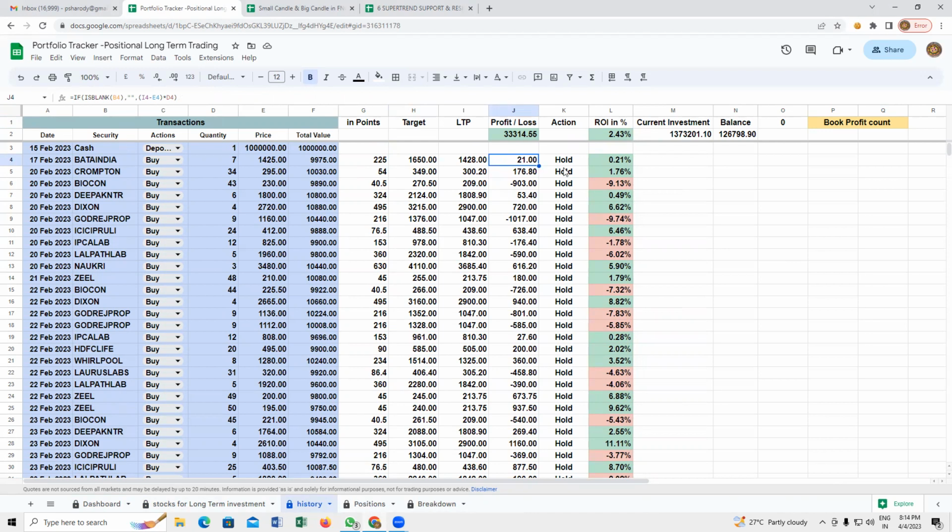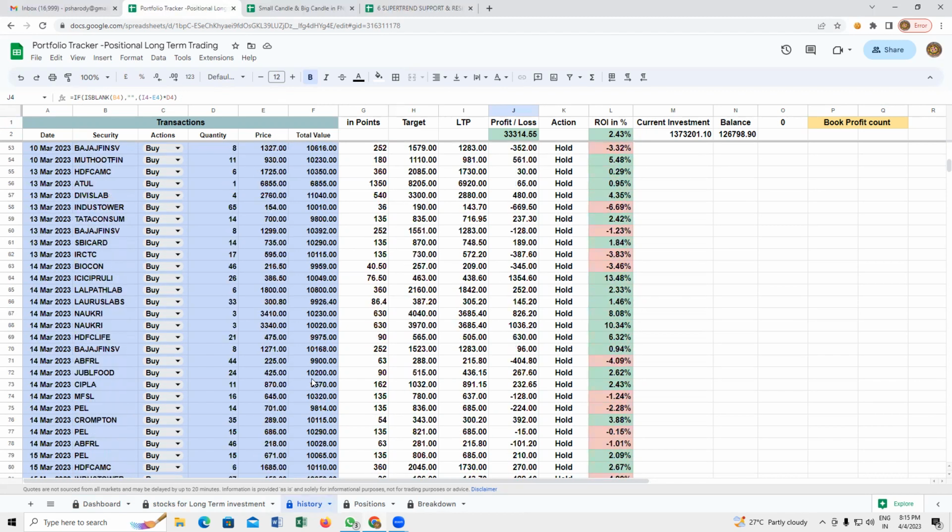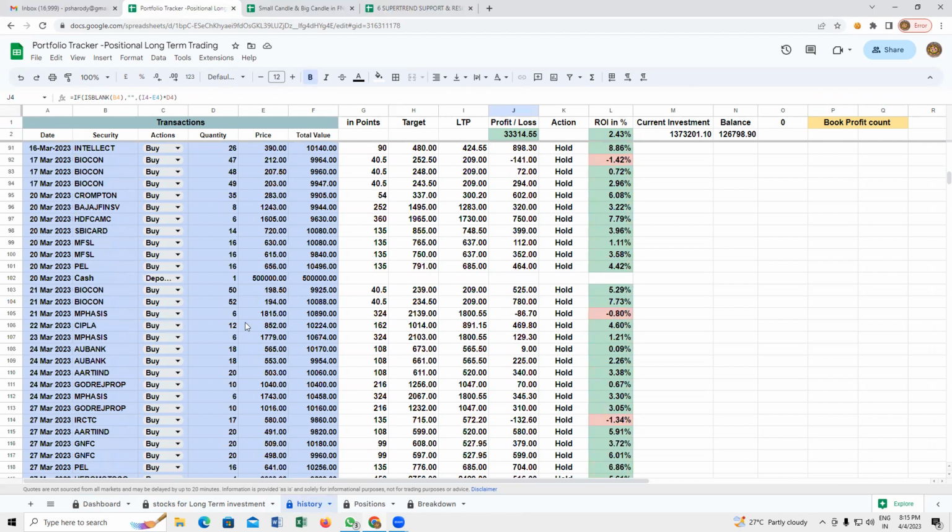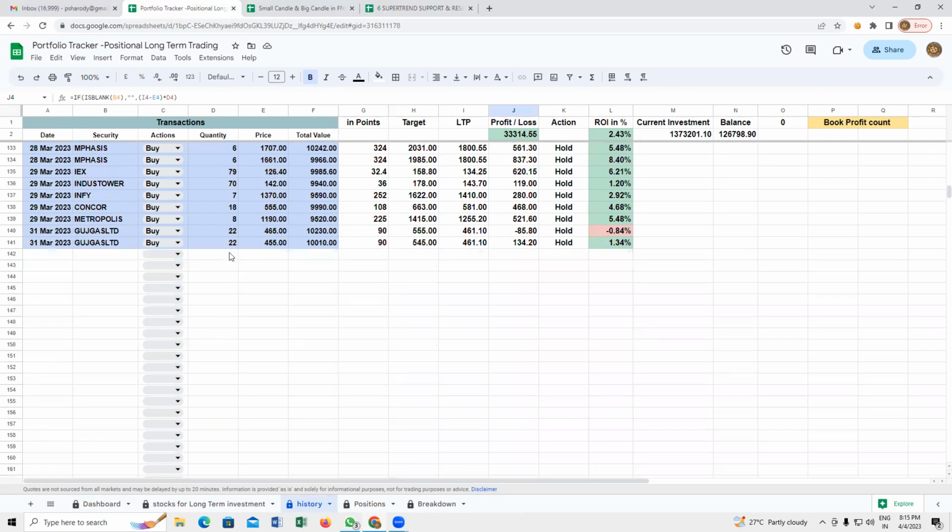This gives us a very clear idea whether we have to hold the stock or book profit. Whenever the LTP is greater than your target, it will show you that you have to book your profits. In that way, you will exit from the stock, and when you exit, you enter a plus in the case of buying, and a minus in the case of selling.